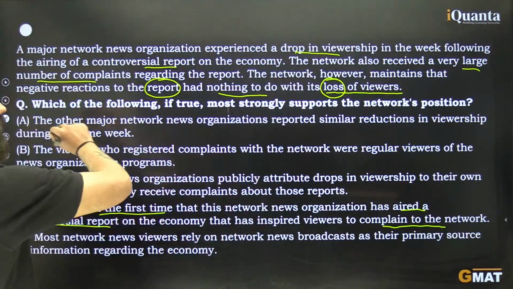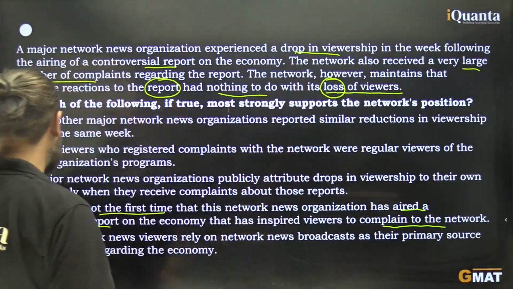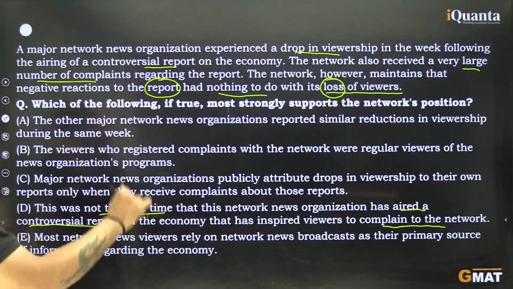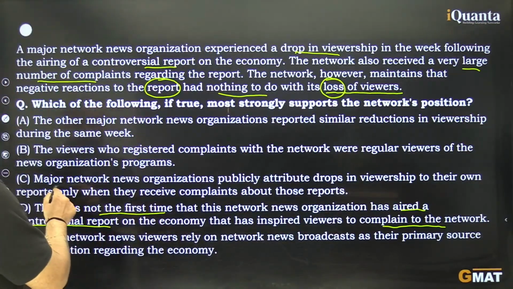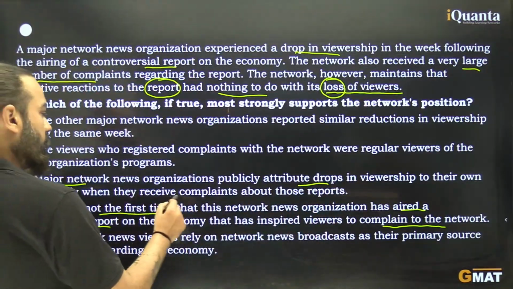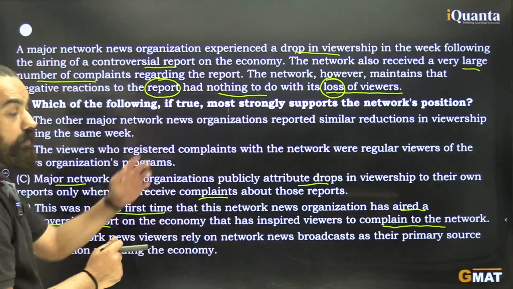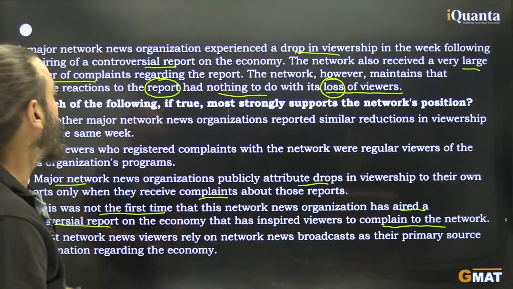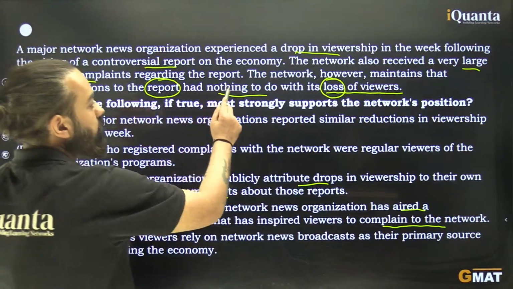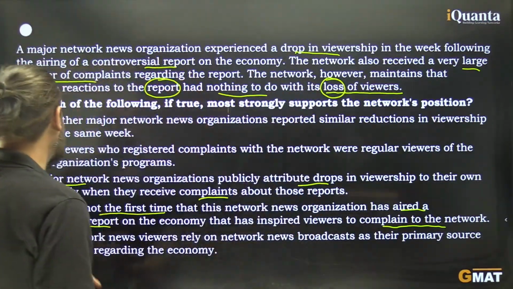But we're saying the report had nothing to do with this loss of viewers. C, in a way, is kind of weakening the argument, because it says networks attribute drops when they receive complaints. So they have received complaints, probably that's why they dropped their viewership. But we have to strengthen the argument that the report had nothing to do with the loss of viewers. Okay?